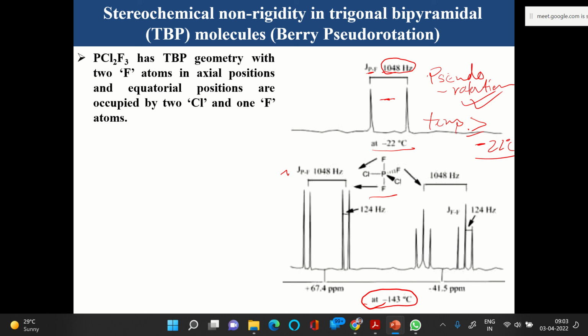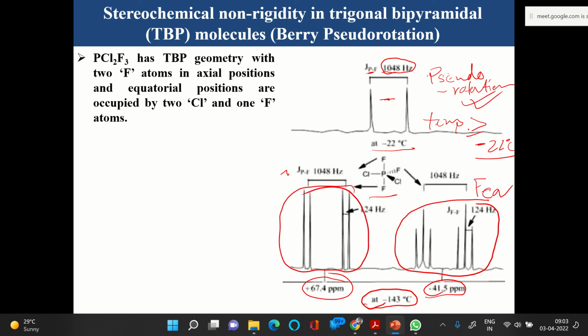So now the fluorine signal is obtained at minus 41 ppm, and this one is due to the equatorial. This entire thing that we are observing is the fluorine equatorial, and this entire thing is due to the fluorine axial.